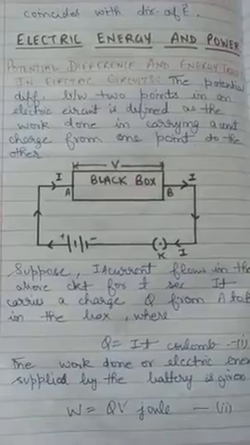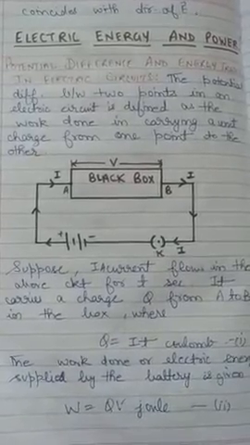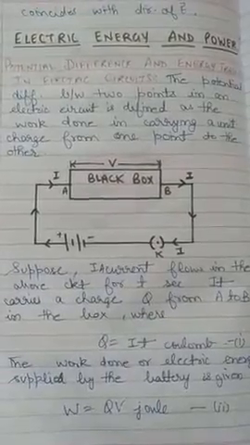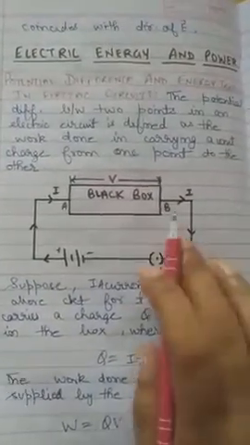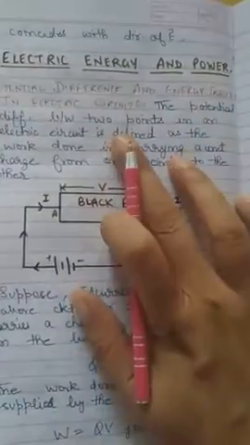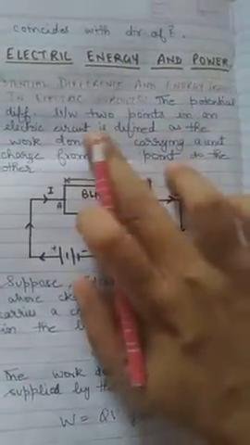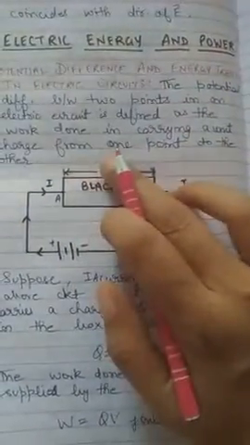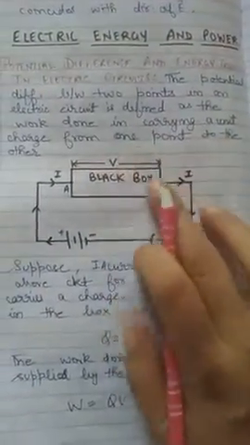So potential difference is between 2 points, and electric potential is from bringing a charge from infinity to a point. That is the difference. So here, potential difference between 2 points in an electric circuit is defined as the work done in carrying a unit positive charge from one point to another.